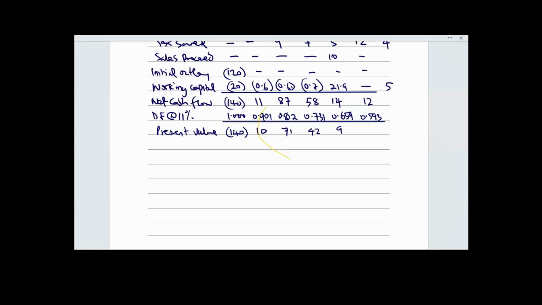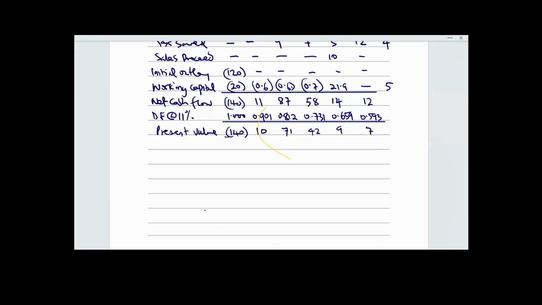Year 5, 12 multiplied by 0.593 equals 7.116, rounding 7.